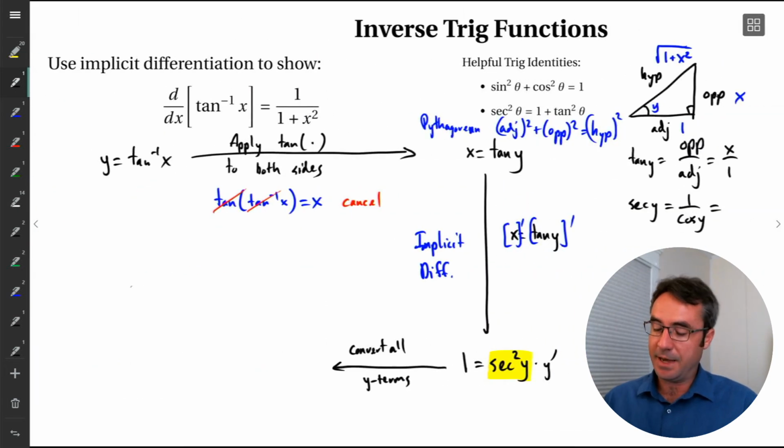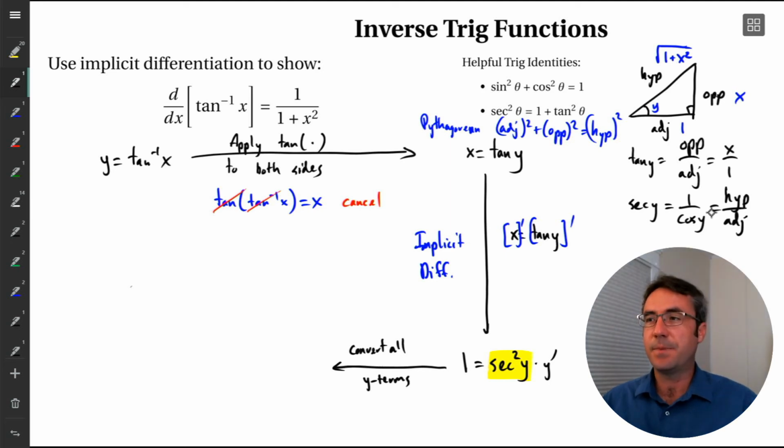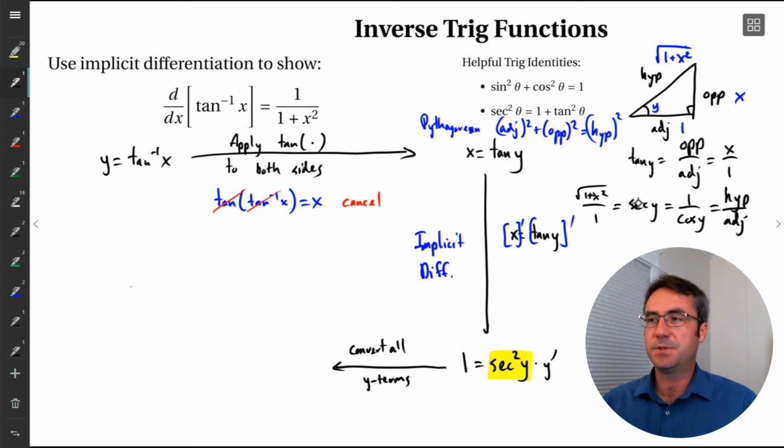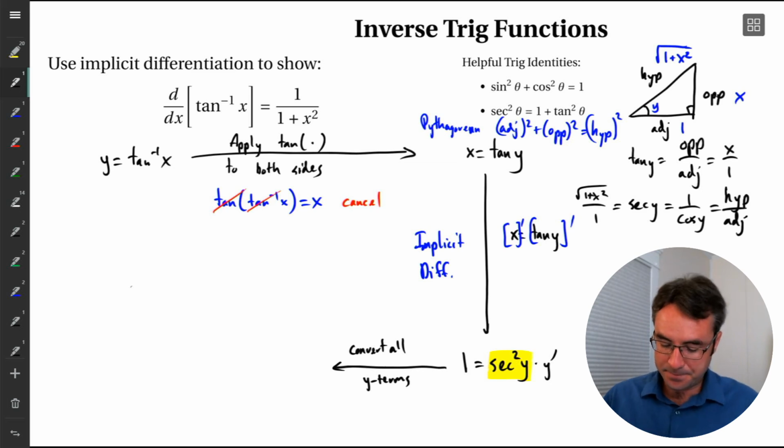So the reciprocal of that must be the hypotenuse over the adjacent side. We know what the hypotenuse is, it's the square root of 1 plus x squared, and we know what the adjacent side is, that's a 1 right there. So secant y, the hypotenuse is that square root term, the adjacent side is 1. So we know secant of y is this square root, and we can just fill that in.